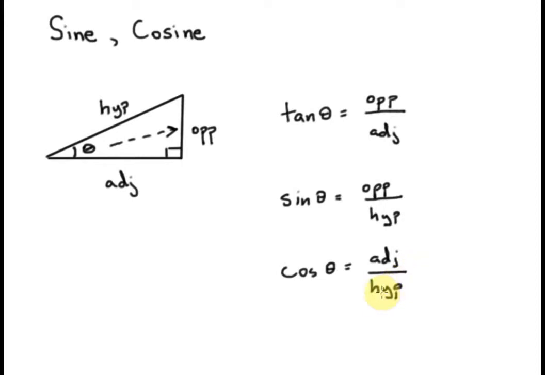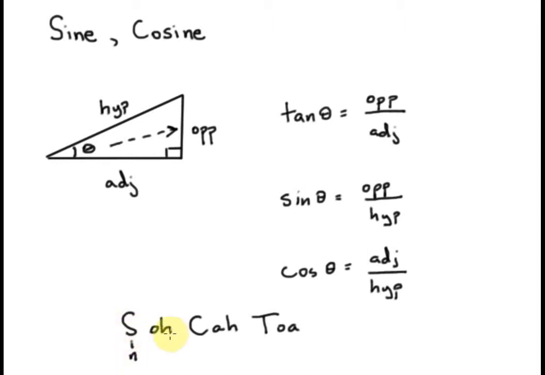So these are the three trig ratios that we work with, and there's an easy way to remember these, and it's called SOHCAHTOA. I'll tell you what that all means. If you haven't already figured it out, the S is for sine.